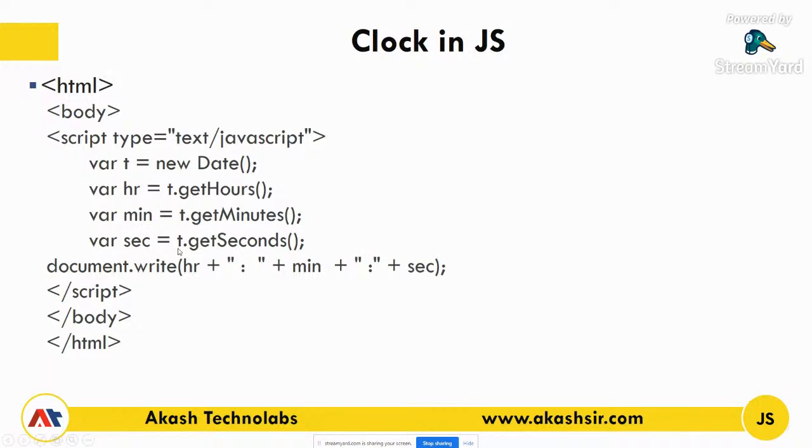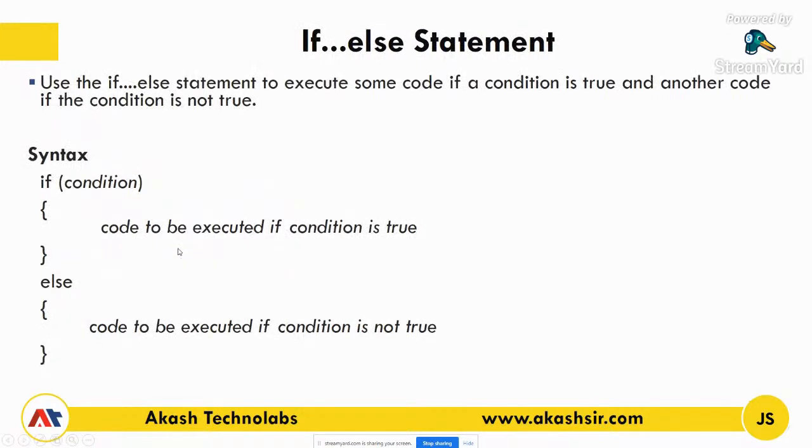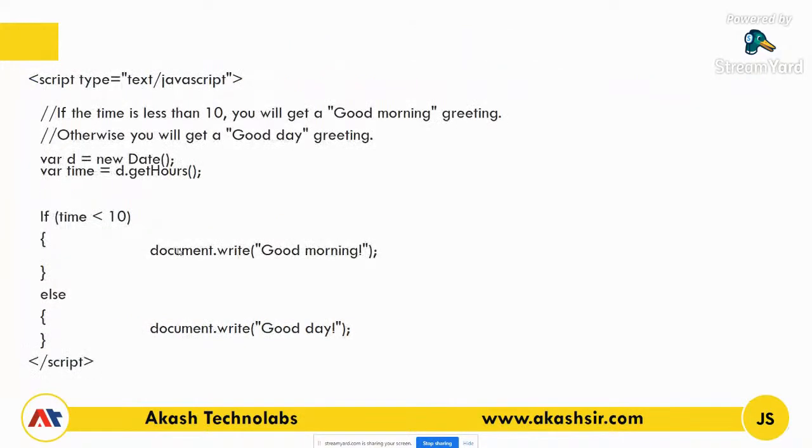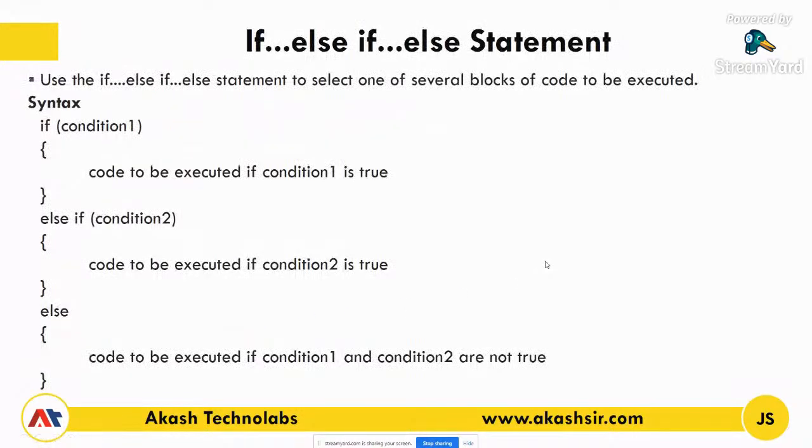Okay, so if else, you can use these if else conditions. Here you can see, as we have done this code previously, if hours is less than 10, then good morning, else good day. Okay, so now the if, else if and else statement.